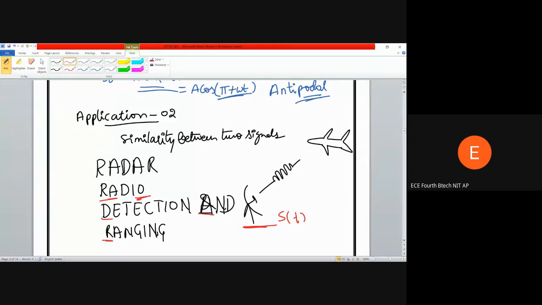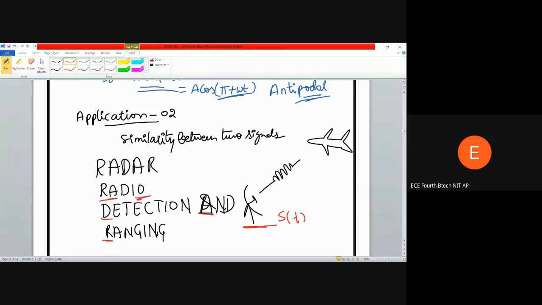Correlation means the similarity between two waveforms. We will be using the similarity between two signals even in radars. A similar application you will have for sonar. Sonar means we use sound signals: we transmit a known signal, receive the signal, and calculate the similarity between the transmitted signal and the received signal.